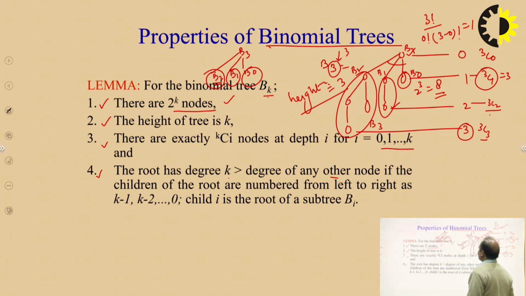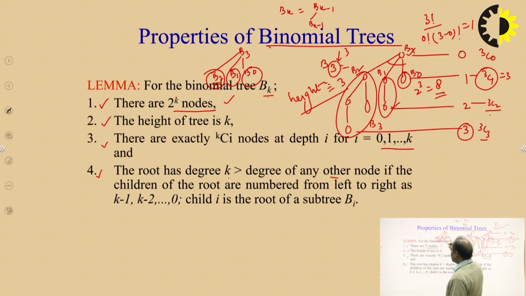Suppose that this is Bk, and Bk is nothing but a collection of two Bk minus 1. By induction, suppose that this is true for k minus 1.